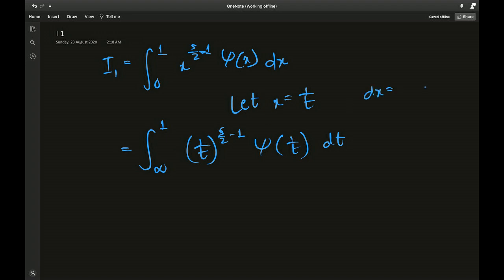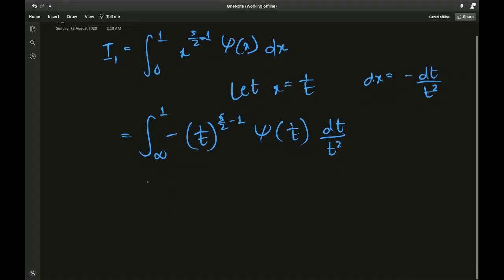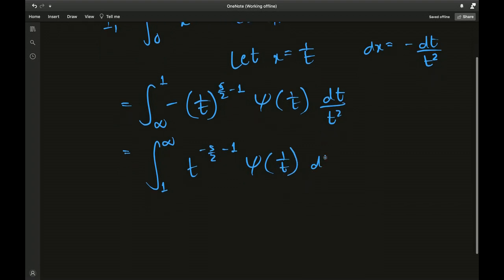So dx is negative dt over t squared. Now if I do some simple algebra, take the negative, correct the order of the upper and lower bounds, and do some algebra on the free t's, I get the integral of t to the negative s over 2 minus 1, gamma, psi of 1 over t dt.